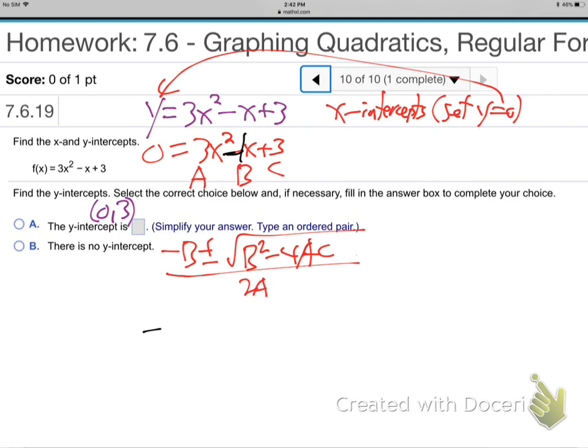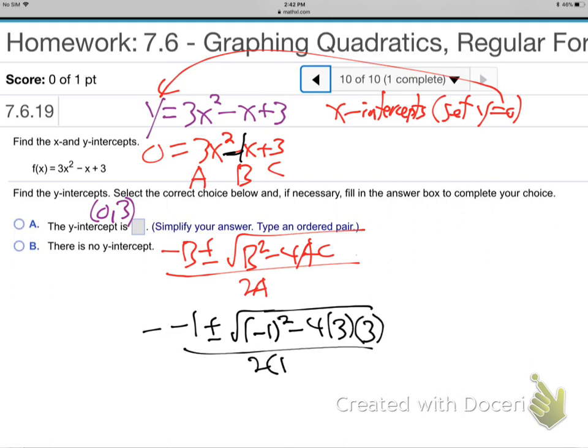So negative 1 plus or minus square root of negative 1 squared, minus 4 times a. Okay, we're going to see a little surprise here. A is 3.